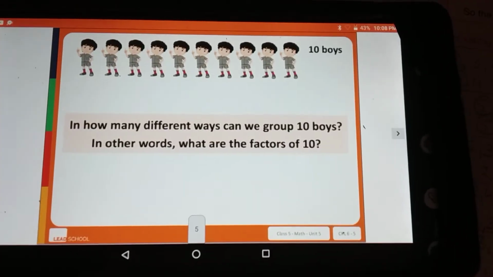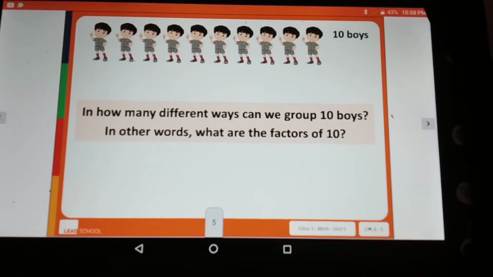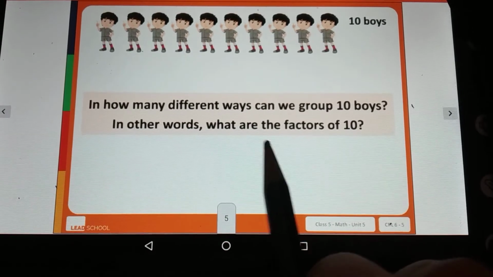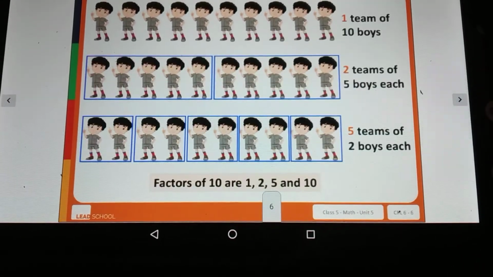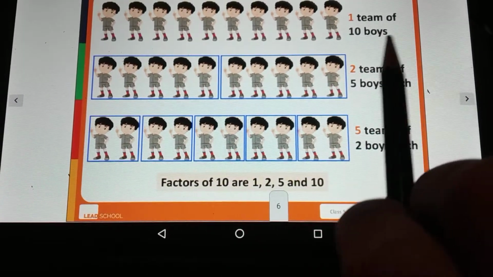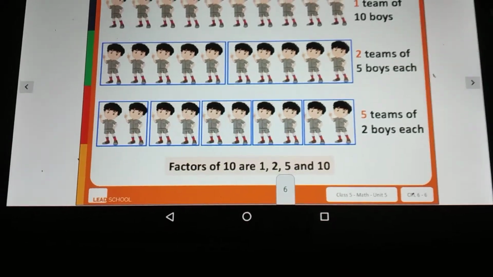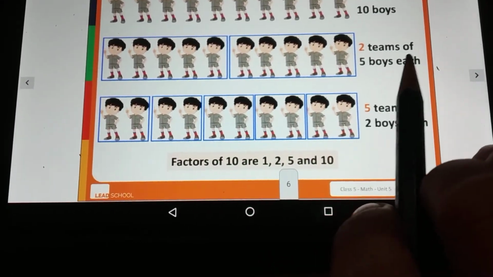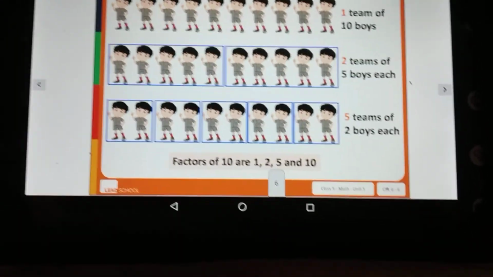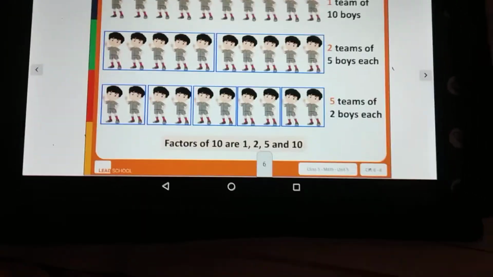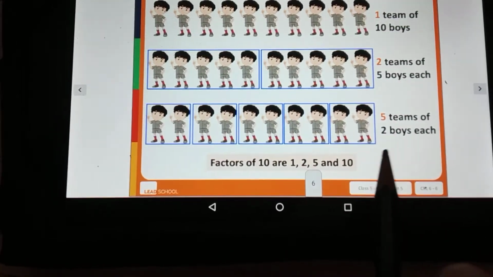Now the boys. 10 boys are there. In how many different ways can we group 10 boys? In other words, what are the factors of 10? One team of 10 boys, 2 teams of 5 boys each, or 5 teams of 2 boys each.